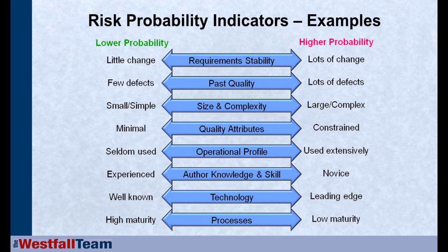I do this even during my system testing activities. I will run all of my previous planned test cases. Maybe I assumed that this was going to be a lower risk component based on its past quality. But as I'm running my system tests, again, I'm looking at it from a different perspective than other V&V activities, and maybe I start finding a lot of defects.